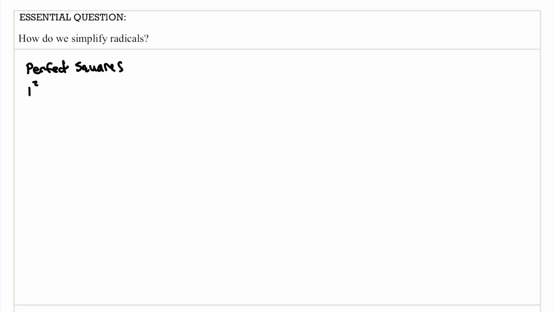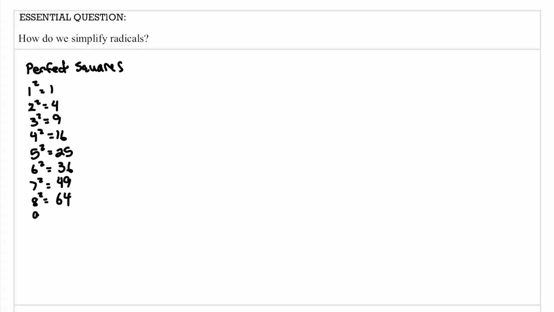So 1 squared is 1, 2 squared is 4, 3 squared is 9, 4 squared is 16, and if we keep going, we get 25, 36, 49, 64, 81, and you're usually pretty safe there.